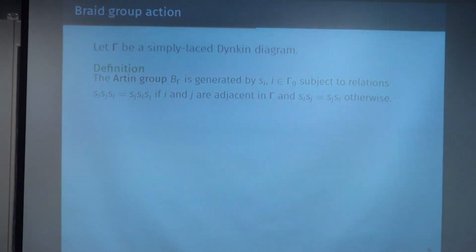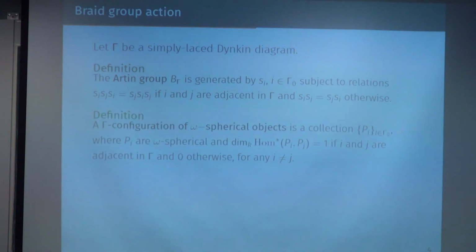If we have two adjacent vertices i and j, then there is a braid relation between them. And if two vertices are not adjacent, then the corresponding generators commute.